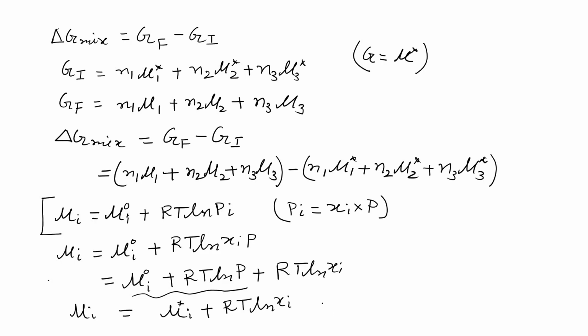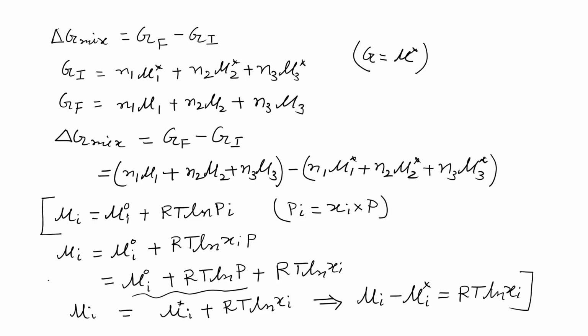From here, what can we write? We can write that mu I minus mu I star is equal to RT ln xi. Fine.